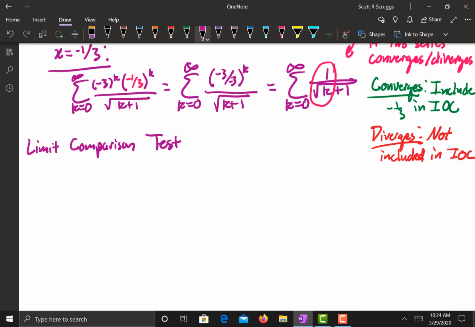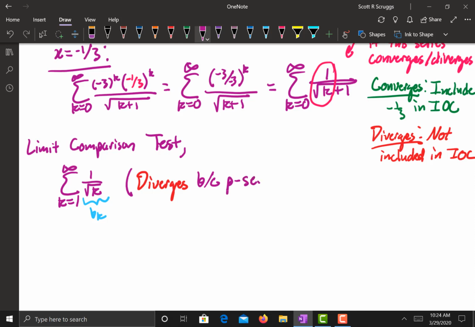Again, the series we're going to compare is read off the highest power in the numerator and the highest power in the denominator, in which case I get that the series I want to compare with is the sum of square root of 1 over k, where I guess this might be of k. And let's note that it diverges because it is a p-series with p equals 1/2 less than 1.